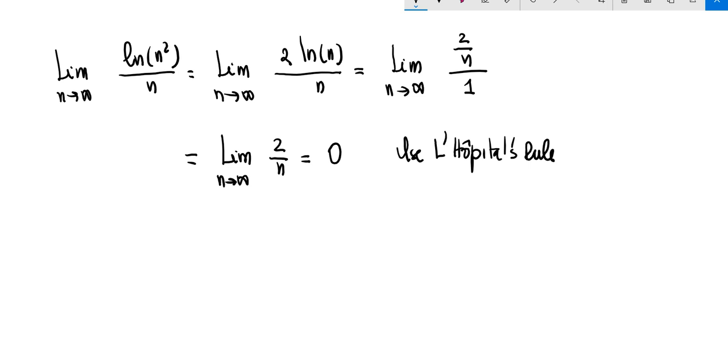So to remind you of L'Hopital's rule, maybe you forgot what L'Hopital's rule is all about.